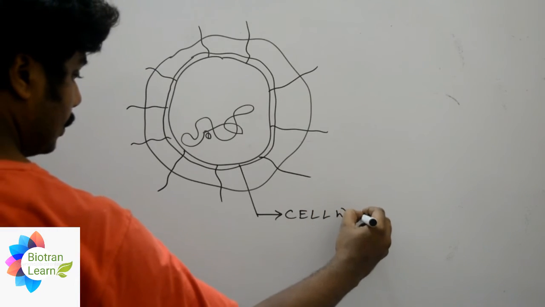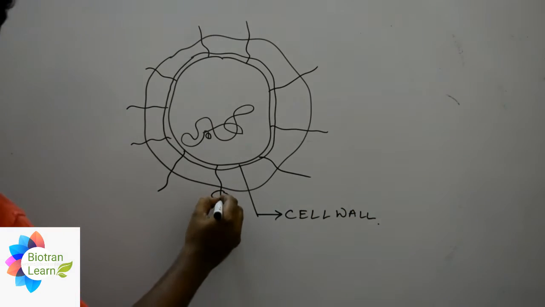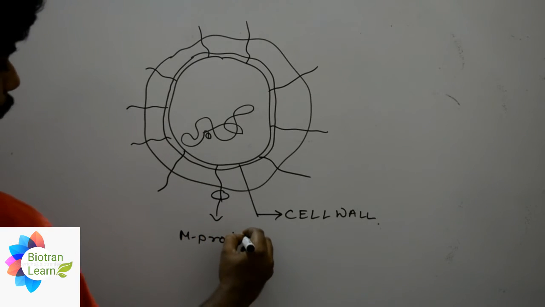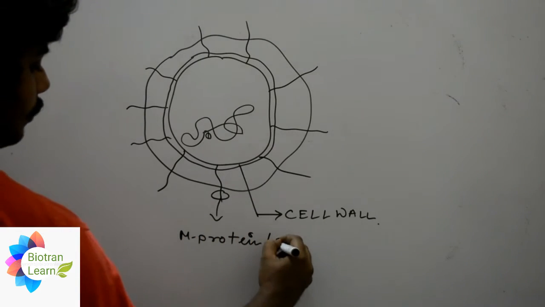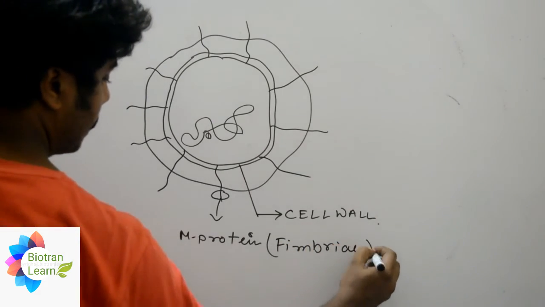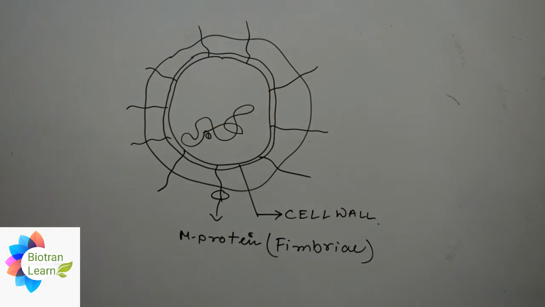This will be known as the cell wall. These are known as the M proteins of fimbriae.